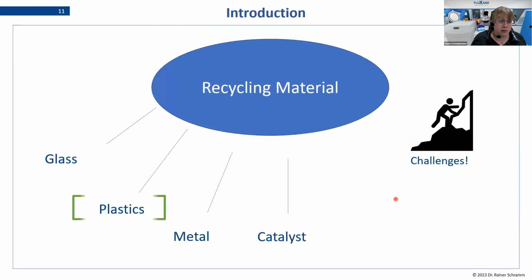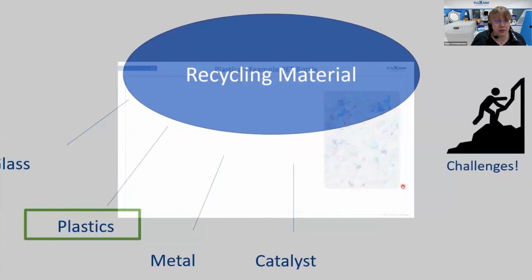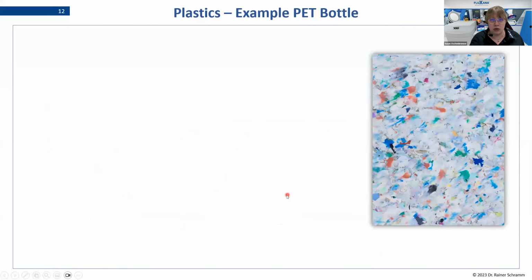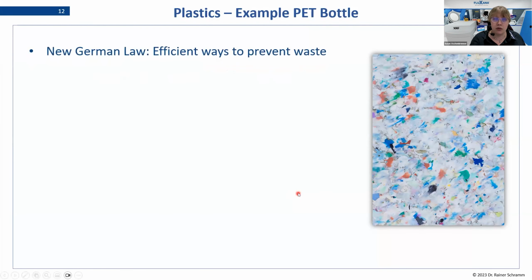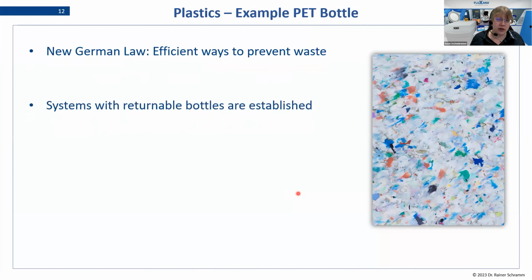Let's have a look into plastic materials. I would like to introduce to you the example of PET bottles. We now have a new German law which says efficient ways to prevent waste. Preventing waste is always a good idea. So we already have systems with returnable bottles. They are established.